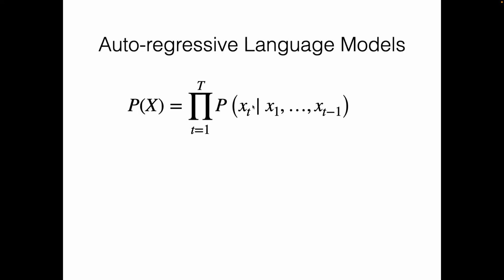So here we would have probability of x2 given x1. Then you would have another one, which is x3 given x1 and x2, and so on, all the way up to x capital T given x1 to x capital T minus 1.